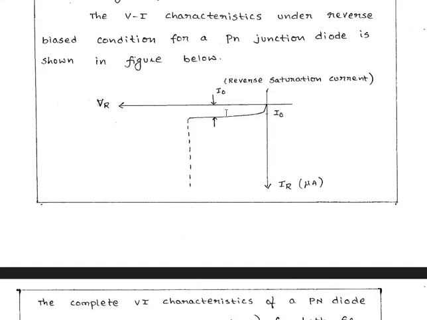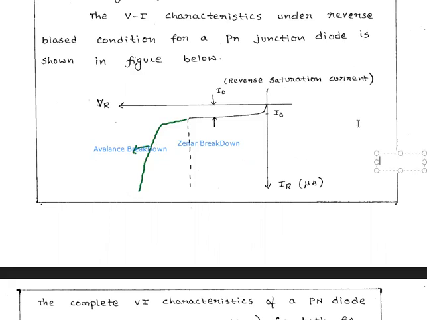This is the reverse saturation current. At this potential, at this voltage, the Zener breakdown happens, and if we apply much more potential in reverse bias, then avalanche breakdown also happens.